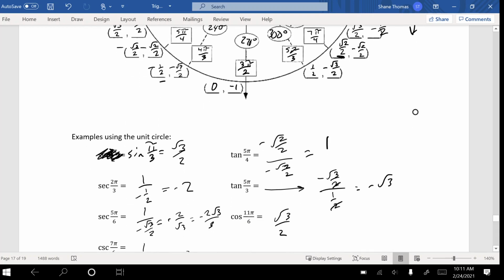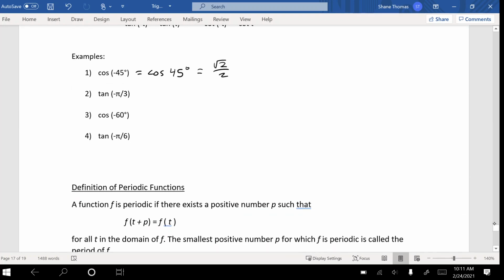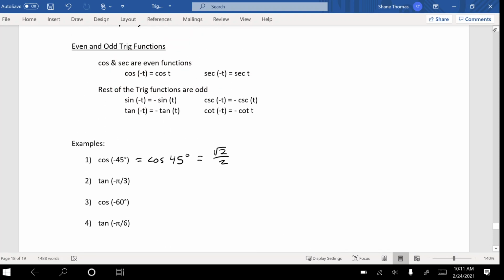All right, so let's get back down here. Next one, I have the tangent of negative root 3, or negative pi over 3, not root 3. Negative pi over 3. All right, so is tangent even or odd? It's an odd function. So basically, take this, rewrite it as the tangent of pi over 3.